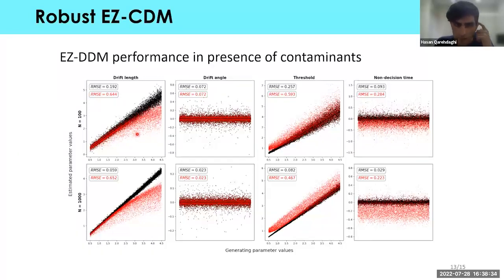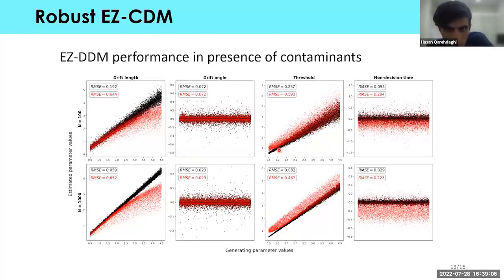Here the red dots are the estimated parameters of the EZ-CDM, and black dots are the estimated parameter values for the maximum likelihood when fitted on the uncontaminated data before contamination. And looking at the results, we can see that the performance is bad for EZ-CDM. Variability is high, there is evident bias, and it's not very good.